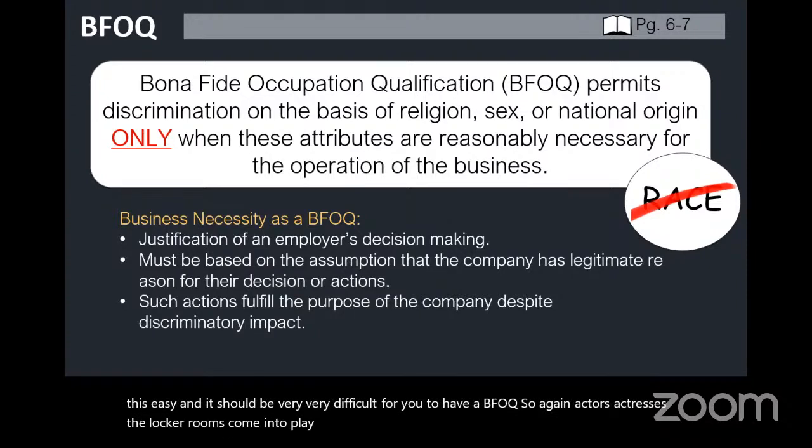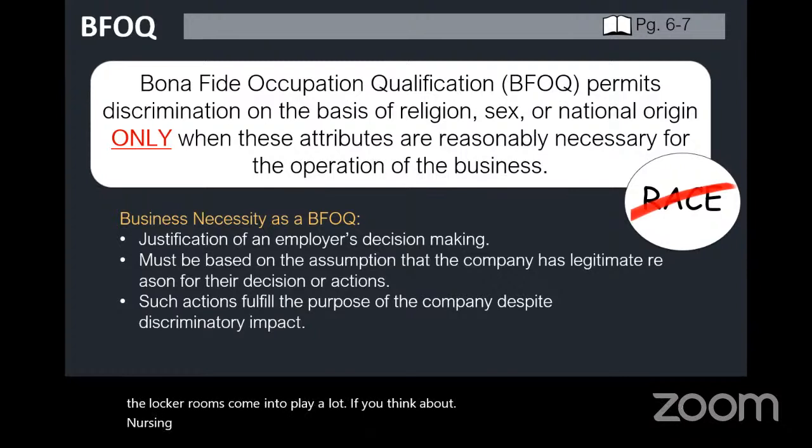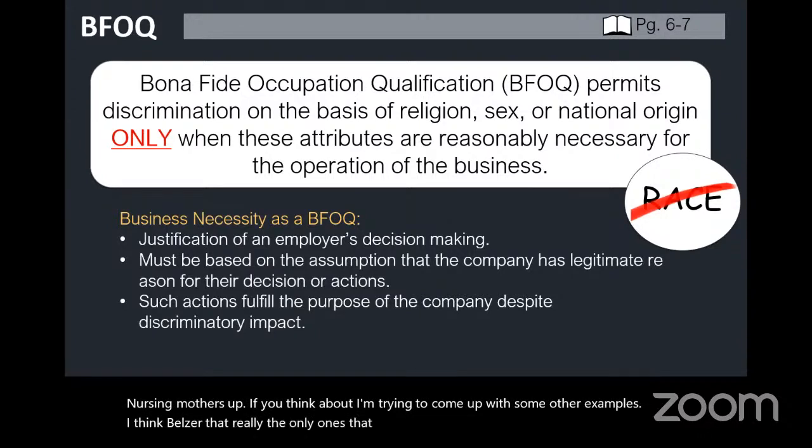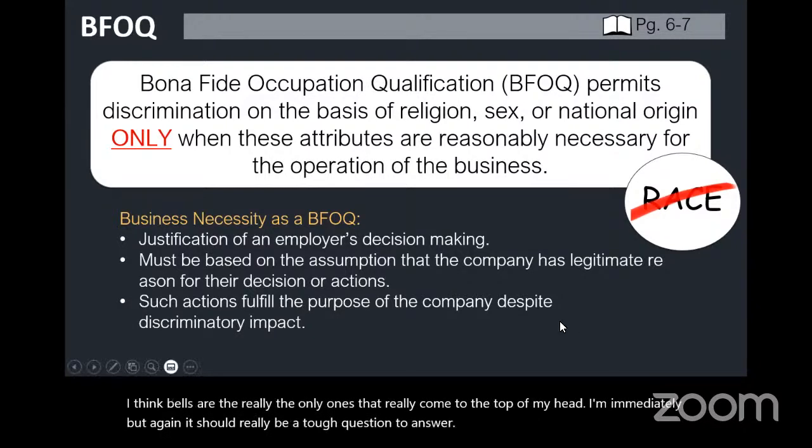If you think about nursing mothers, I'm trying to come up with some other examples. I think those are really the only ones that come to the top of my head immediately. But again, it should really be a tough question to answer. But very good.